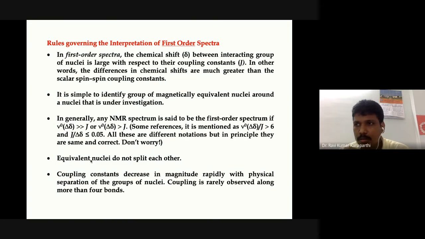So I cannot say that only the 60 megahertz NMR spectrum is a zero order. Why? Because there has been a lot of advancement in the technology, and nowadays a benchtop NMR can be put on the bench like my laptop. Likewise, it is like your canned water purifier of that kind.